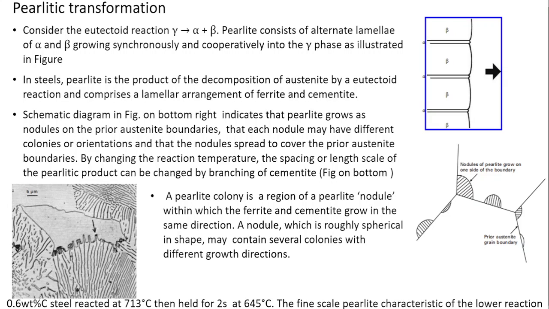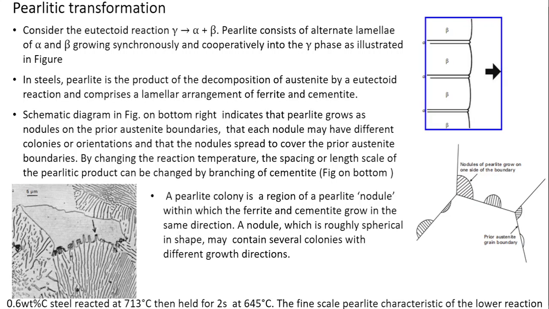By changing the reaction temperature, the spacing or length scale of the pearlite product can be changed by branching of cementite. So you can see the branching of cementite here. So you have got a cementite lamellar plate from which another plate has nucleated.